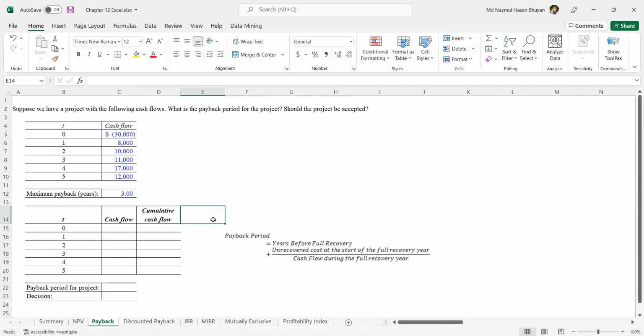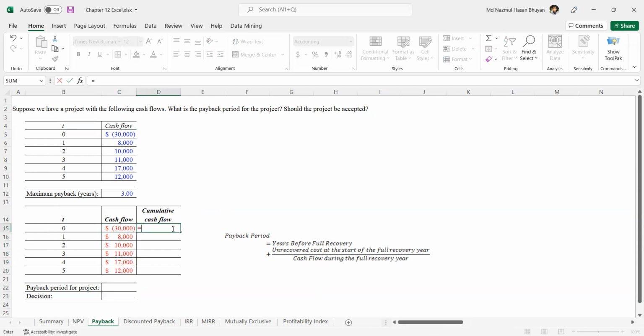All right. So now let us calculate our payback period. To do so, let us first copy all of our cash flows to our payback period table. Then you're going to calculate your accumulated cash flows. In the very first year, your accumulated cash flow should be equal to your cash flow in that particular year.